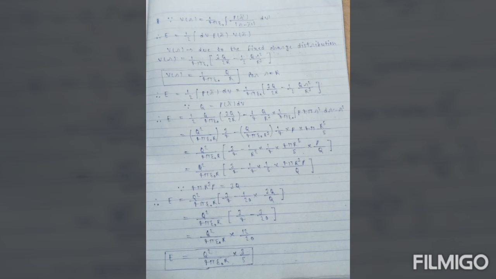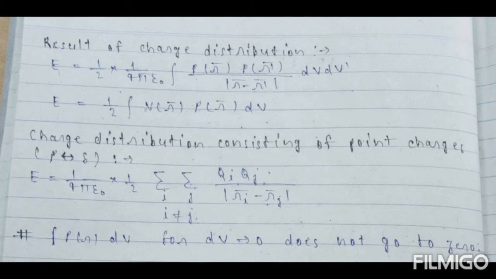That's q square over 4 pi epsilon 0 r times, this will be 12 over 20, which is nothing but 3/5, which is 3/5 q square over 4 pi epsilon 0 r. Same answer as earlier. So we have now solved for the energy of a distribution of charge with two different methods.